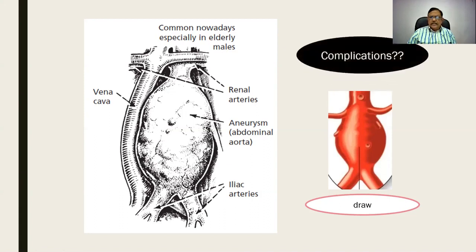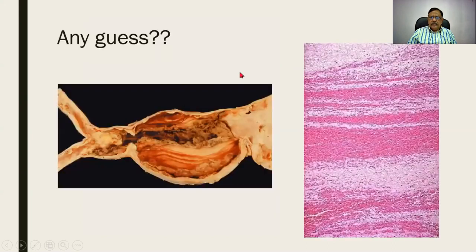The complications will be mentioned later on also. One of the complications shall be a distension within which we can find a thrombus formation. Any guess what this one is? Look carefully.